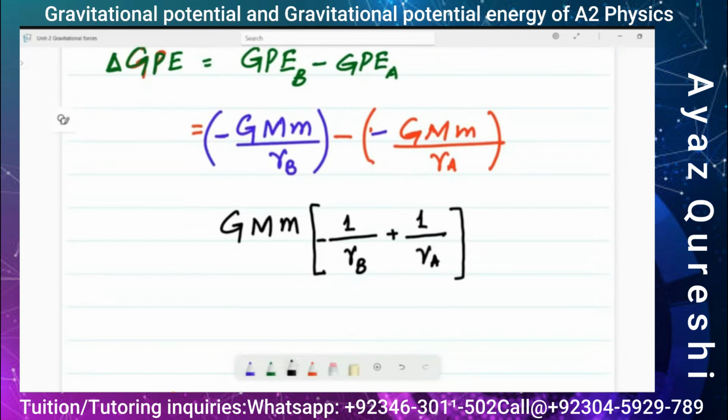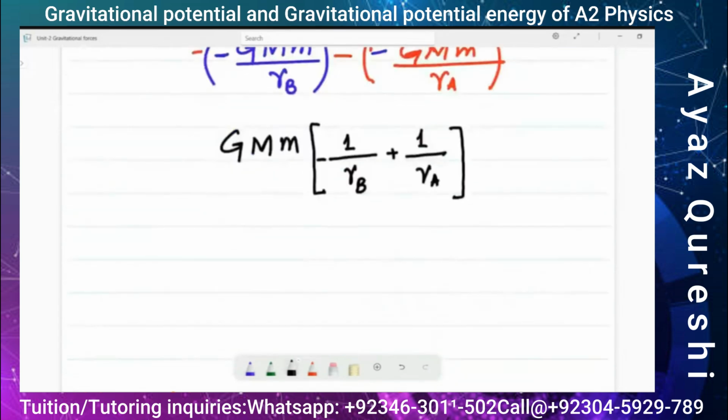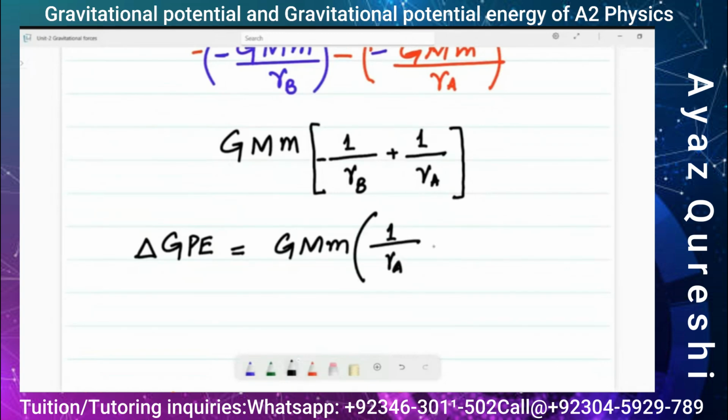This formula is used very often, and you have to use it for calculations. So the change in GPE is GMm into 1 upon RA minus 1 upon RB.